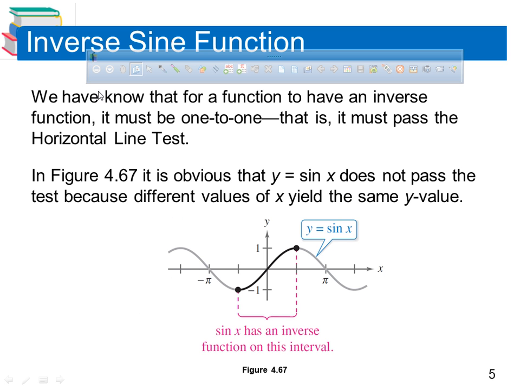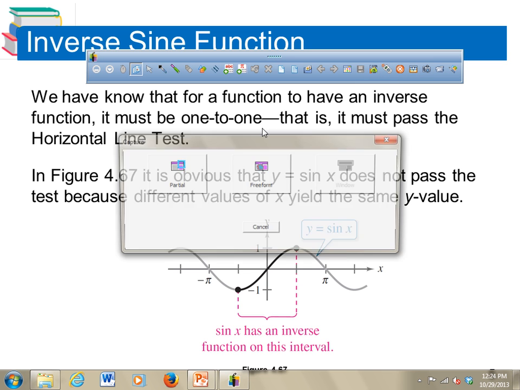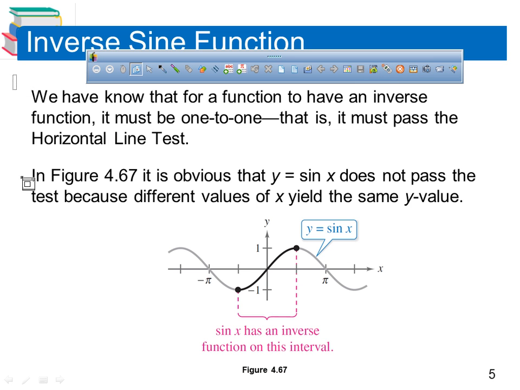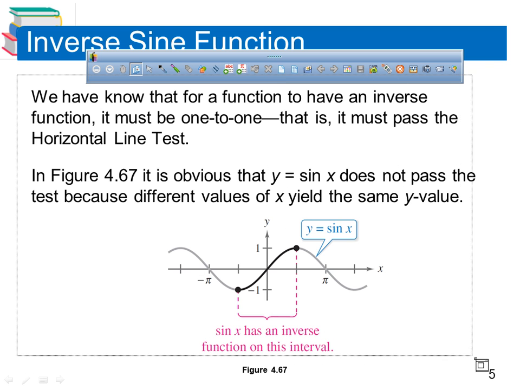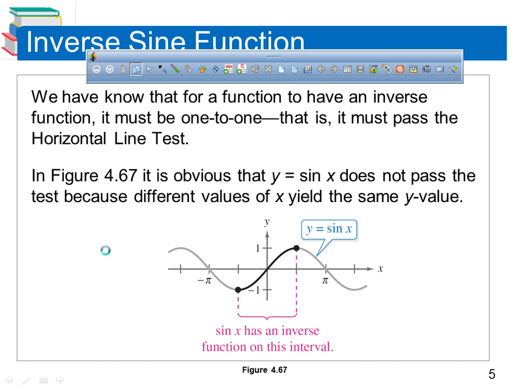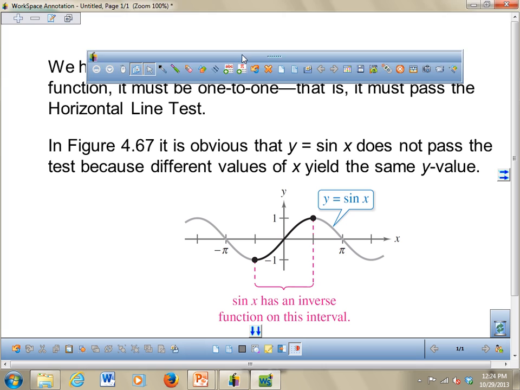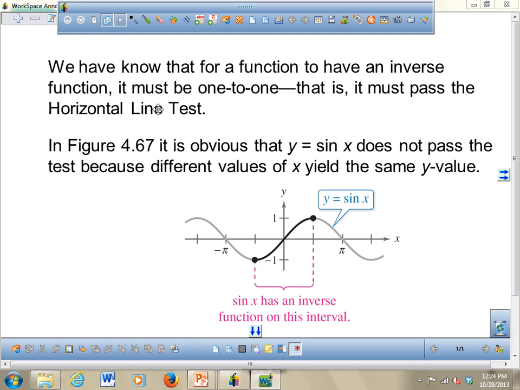So the first thing about an inverse sine function is that, here I'm going to take a picture of this so that I can post this and I can write on top of it. Okay? So we have known that a function that is one-to-one must pass the horizontal line test. In the figure, it's obvious that y equals sine of x does not pass the test because different values of x yield the same value of y.